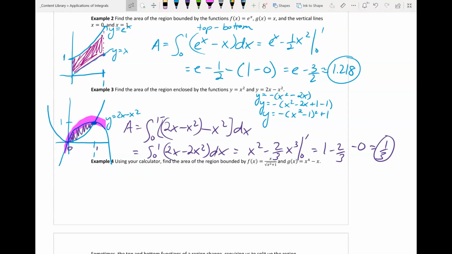To use our calculator, make sure you have your graphing calculator to do this question. First of all, we need to figure out which one is the top function. So we can graph this into our graphing calculator, and that's your first step. And you're doing this to determine which function is on top.